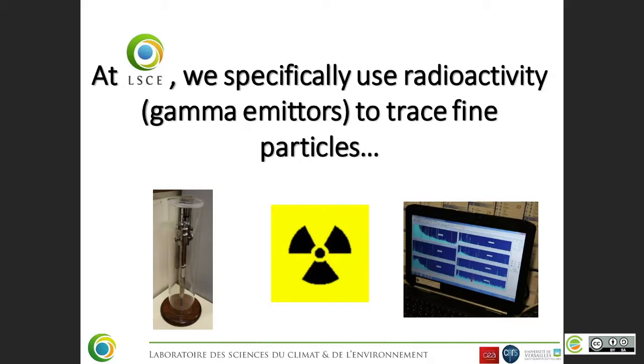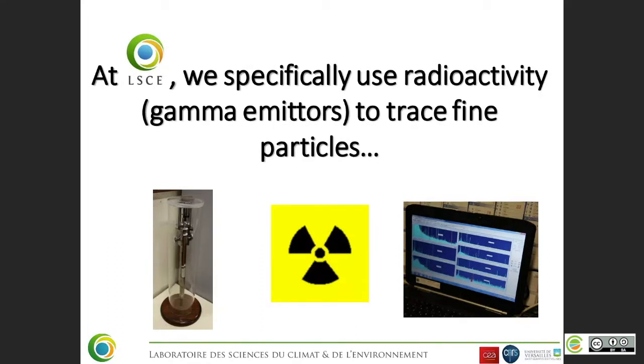So I'm from LSCE, and one of our research institutions at the lab is CEA, the French Atomic Energy Commission. And in the 60s, CEA and CNRS decided to create a lab where the idea was to use radioactivity that you can measure in the environment to better understand the processes.